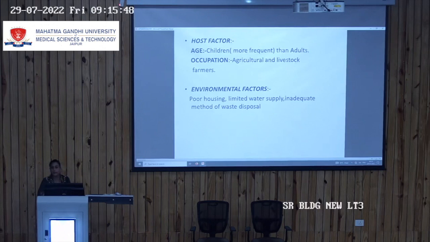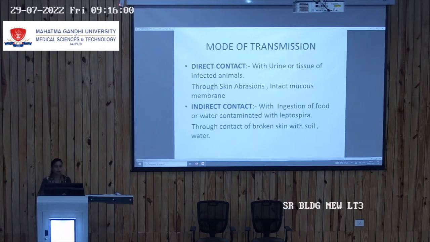Certain environmental factors are associated with this disease, like poor housing, limited water supply, and inadequate methods of waste disposal. Now this disease can be transmitted directly as well as indirectly.